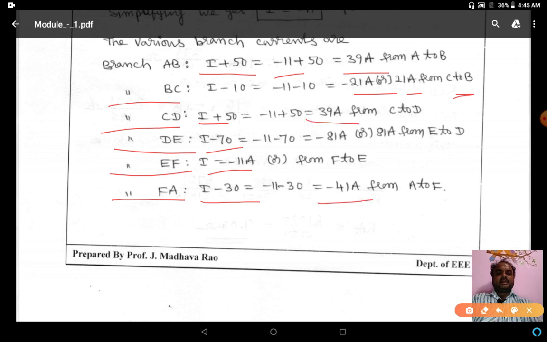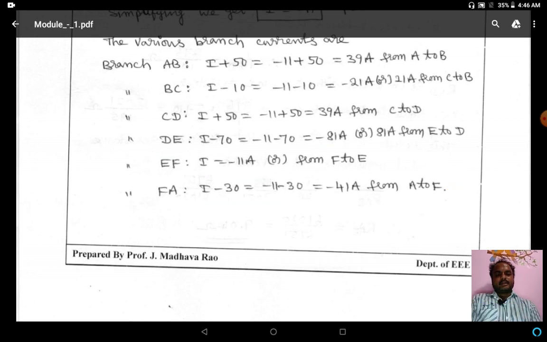So here we got CD branch current is 39 amperes, DE branch current is minus 81 amperes, EF branch current is minus 11 amperes, and FA branch current is minus 41 amperes. Suppose if you take A to F, that will be positive, right? So these are the branch currents.